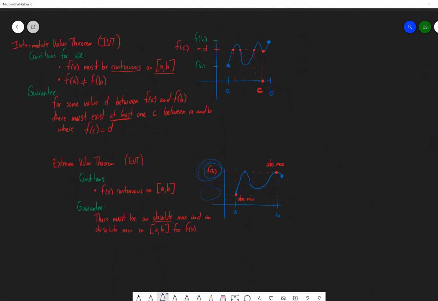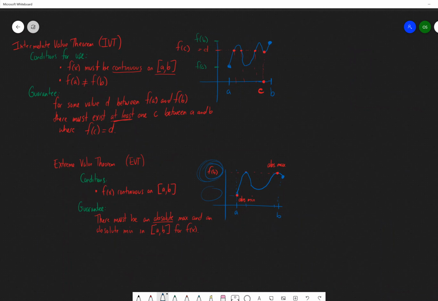One thing to caution is that, well, what happens if I can't use IVT or EVT? So like you might be given a function and you're going through the conditions and you're like, oh wait, it's not continuous.